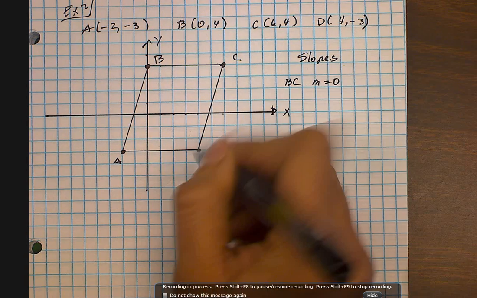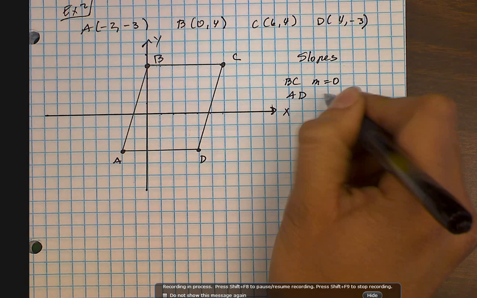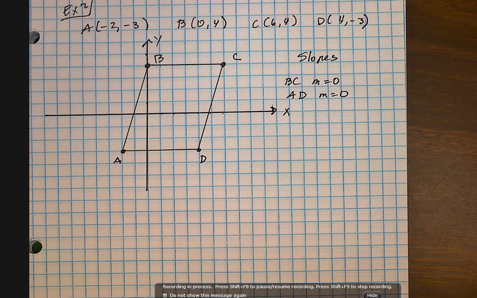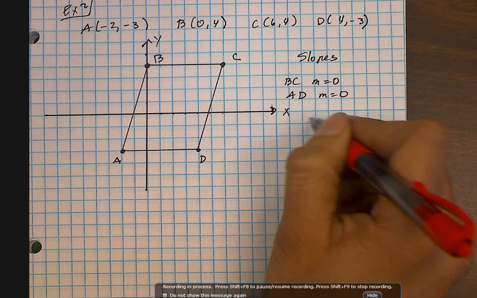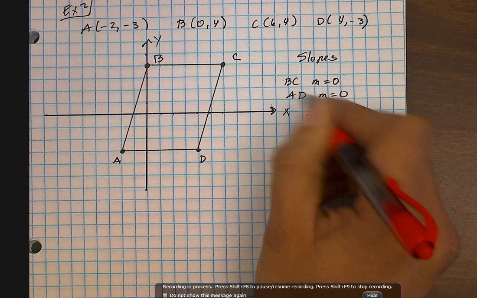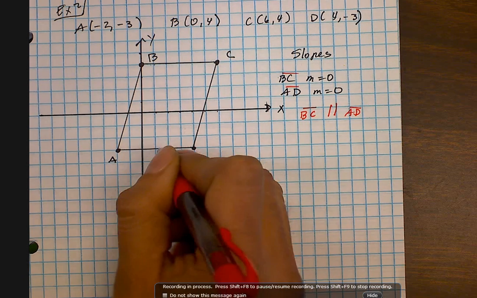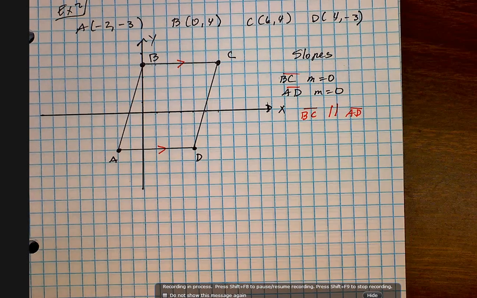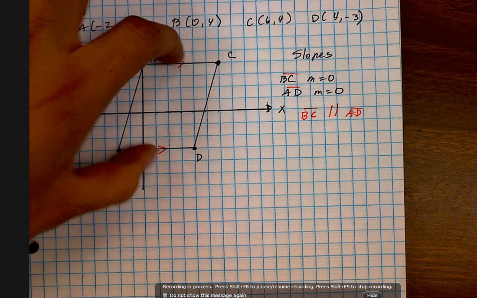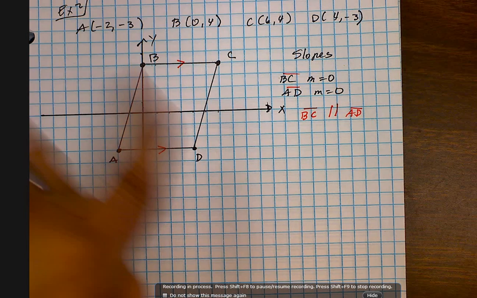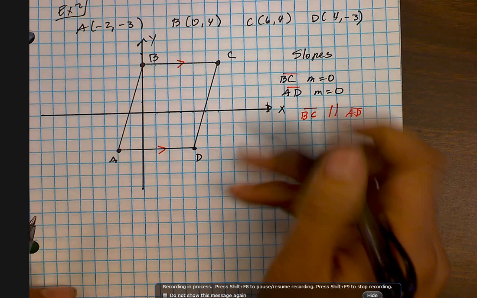Same thing for AD. The slope is 0. So that means since the slopes are the same, we know that BC is parallel to AD. Okay, and we're going to go ahead and mark that. So that means this might be a parallelogram, so we just need to check for those two.